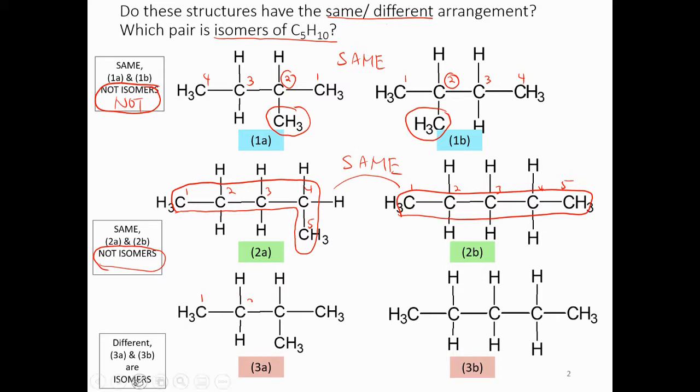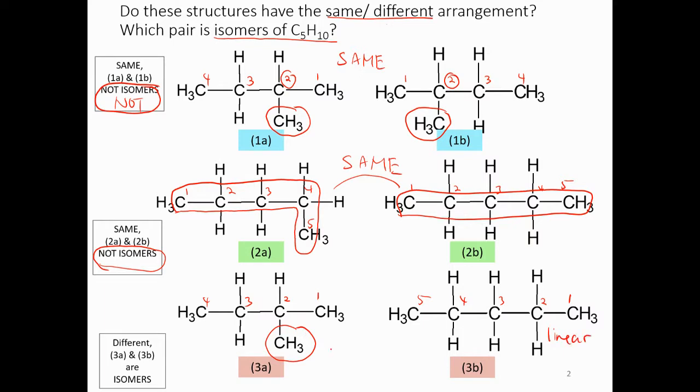Let's look at the substituent first. The substituent will get a lower number. 1, 2, 3, 4. There's a substituent here. And then if we look at here, 1, 2, 3, 4, 5. So this is linear.